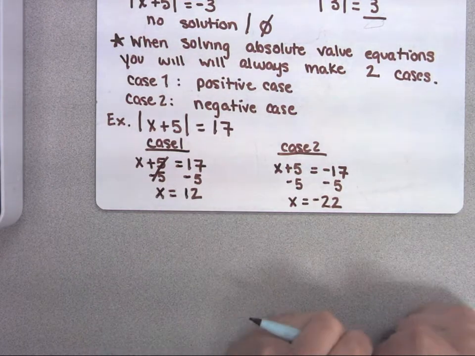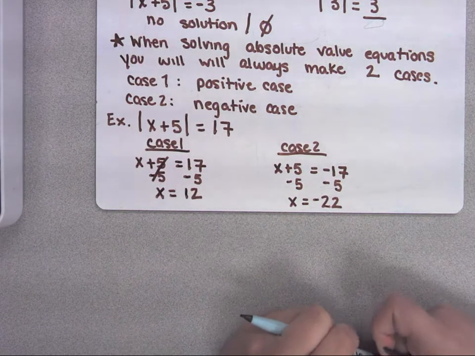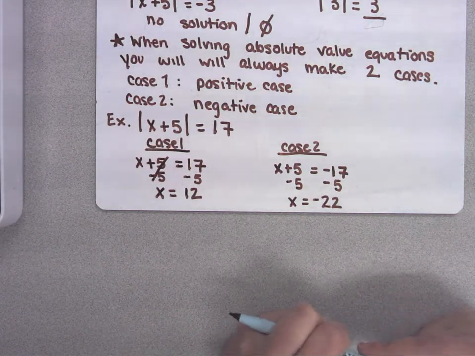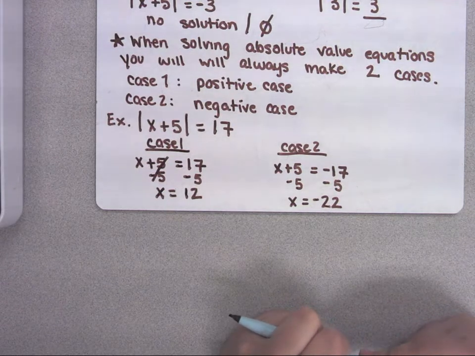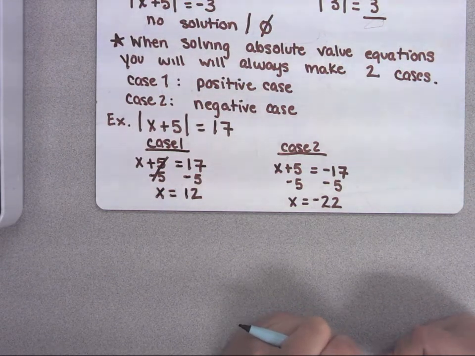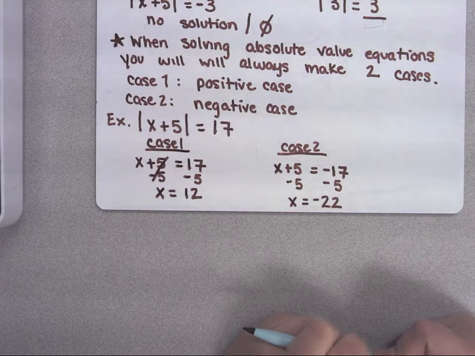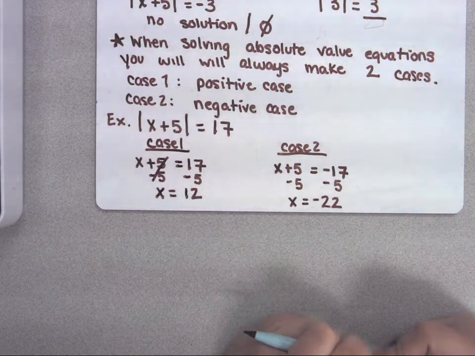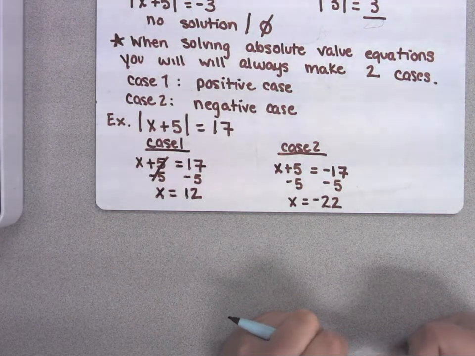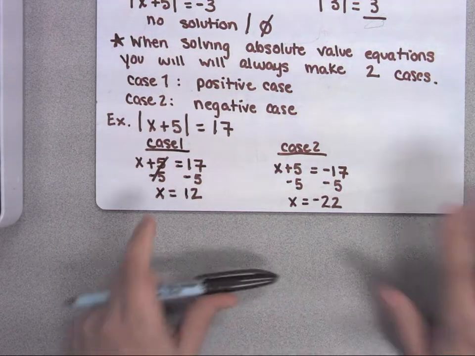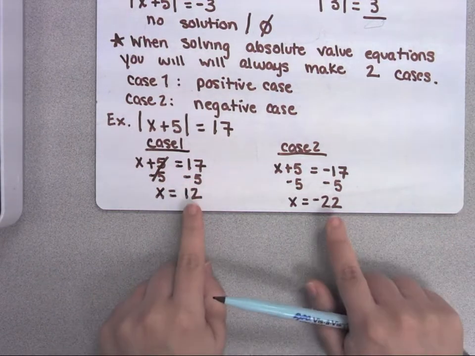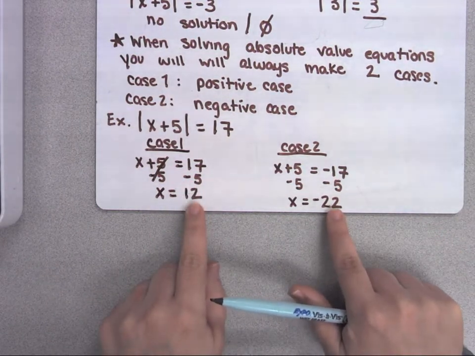If I wanted to check my answer, do you know how you would check your answers? Anyone know? Close. Well, yeah, first always make sure you got the case 1, case 2. Once you get these answers, plug them into the original problem.